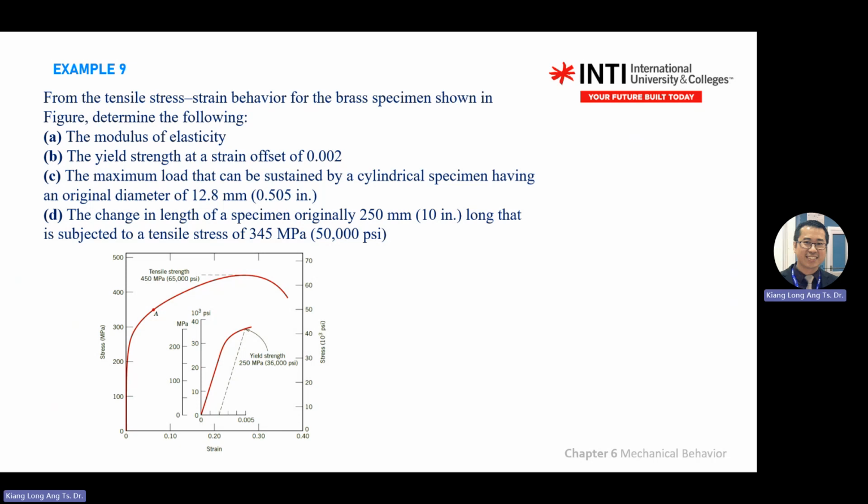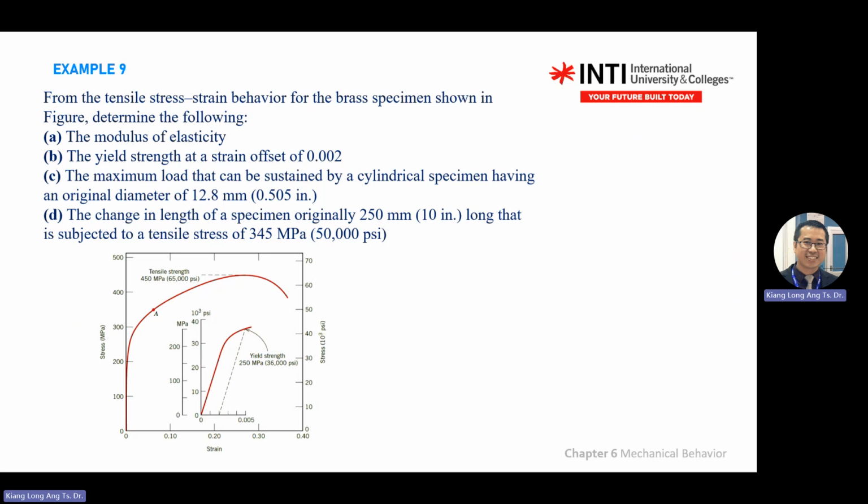Then the maximum load that can be sustained by a cylindrical specimen. Basically, you're given the diameter, and the change of length of the specimen: original length so much, subject to tensile stress, so much. So you find the change.